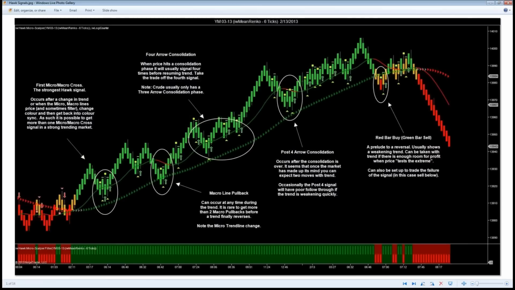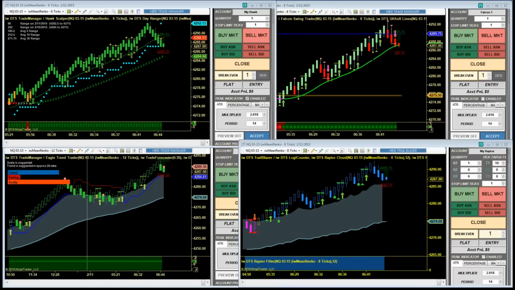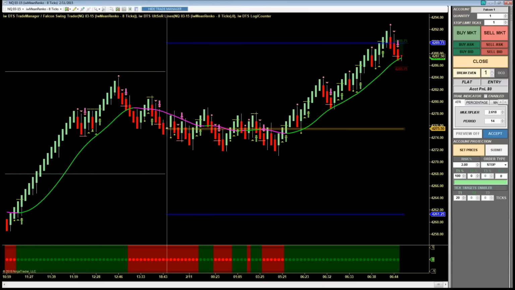So it's a signal that we can take either with trend, or we can sell the failure of it. And you can see here was a pretty good example. I have a feeling it got high enough to hit our high probability target, turned on its heels, and then gave us a selling opportunity also. So we have unique signals like that for all the tools. That was just the Hawk.